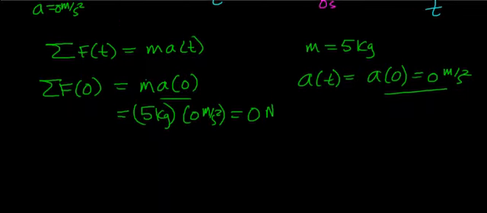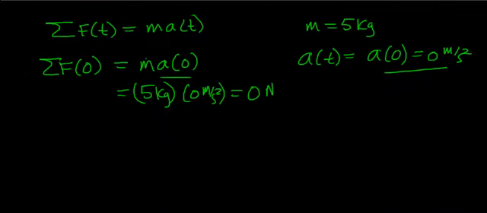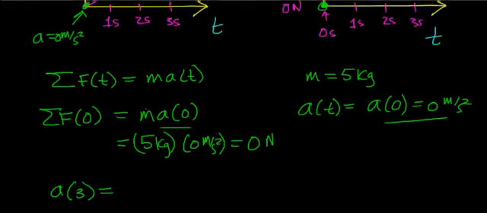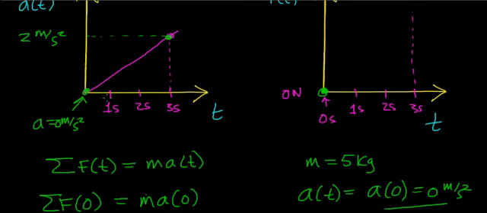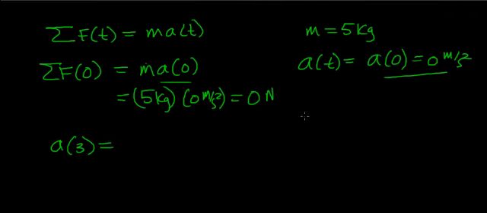So to do that, I would go back over to my acceleration versus time graph, and I'd go 1, 2, 3, and up, and then over to my acceleration axis, and I'd figure out that when my time is 3 seconds, my acceleration is 2 meters per second squared. So I'd go back down and say at this point, this would be 2 meters per second squared.